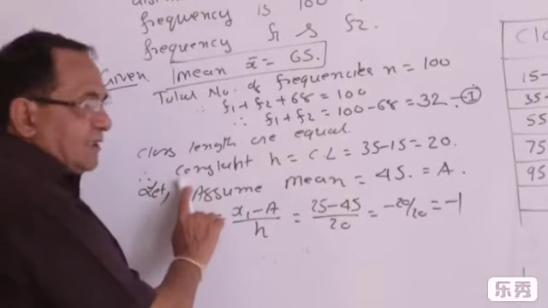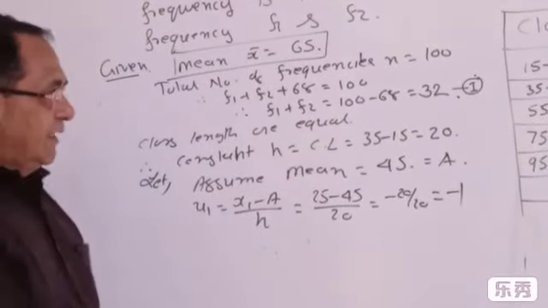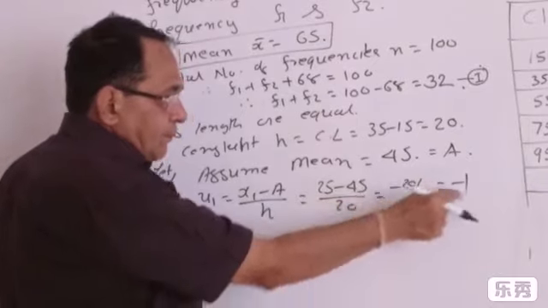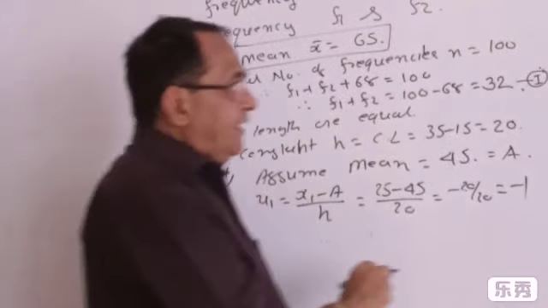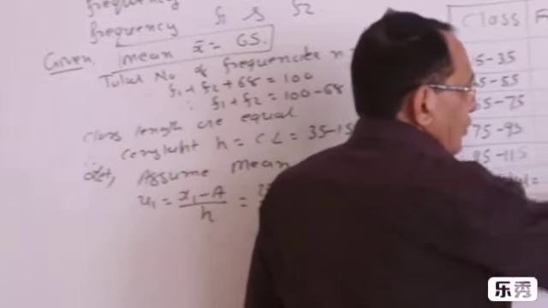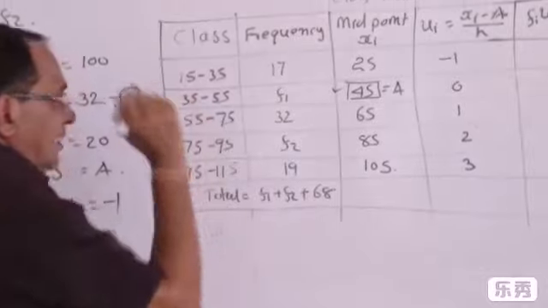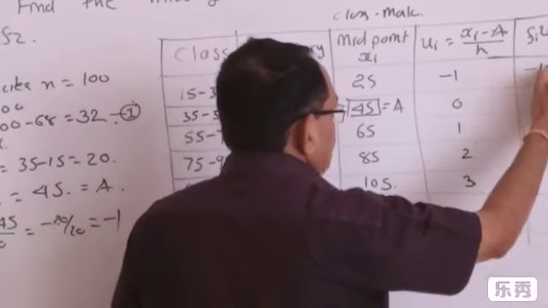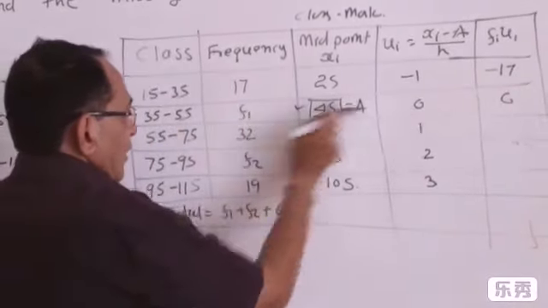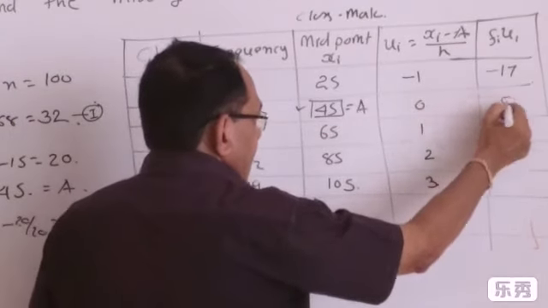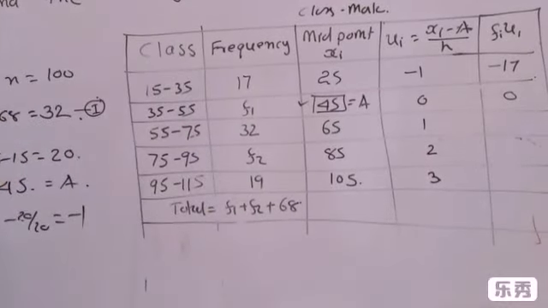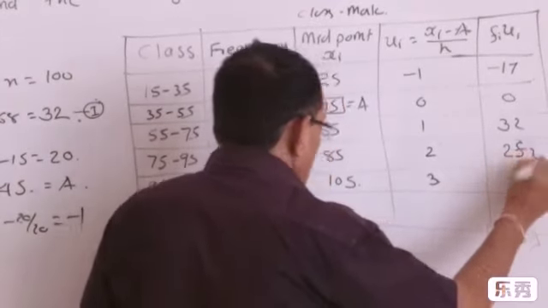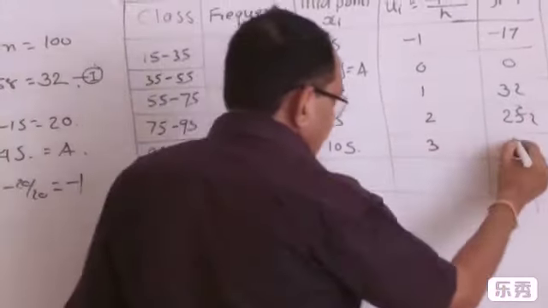The class lengths are all the same, so we take h equal to the class length, since it will be a factor of all of them. Similarly u2 is 0, u3 is 1, then 2, 3 in sequence. So fiui: 17 times minus 1 is minus 17, f1 times 0 is 0, 32 times 1 is 32, 2f2, and 19 multiplied by 3 is 57.